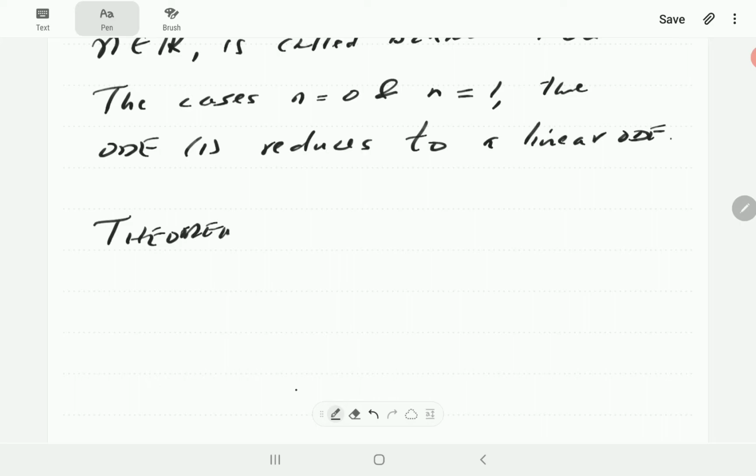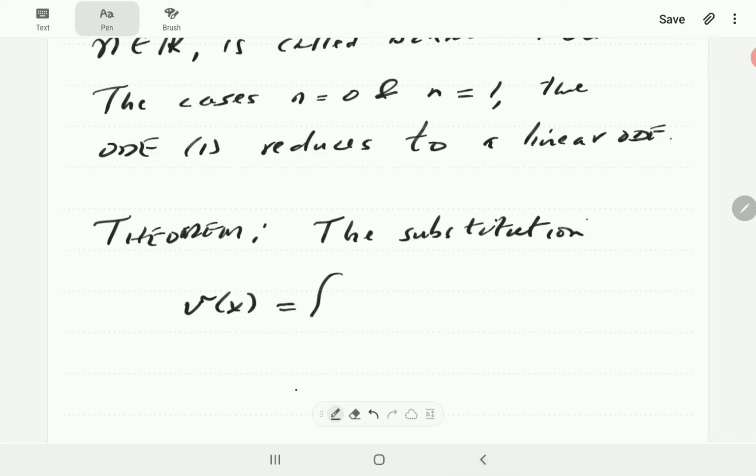So theorem, the theorem goes, the substitution. So we're going to introduce a new variable v, and v is going to be y of x to the power 1 minus n.